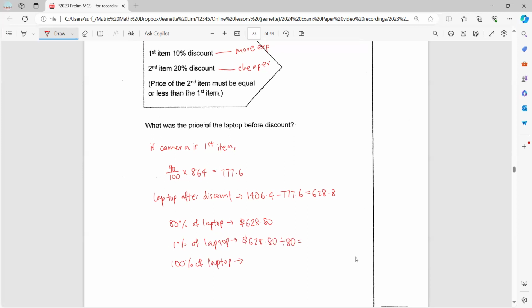So 628.8 divided by 80 is 7.86, and 7.86 times 100 is $786.